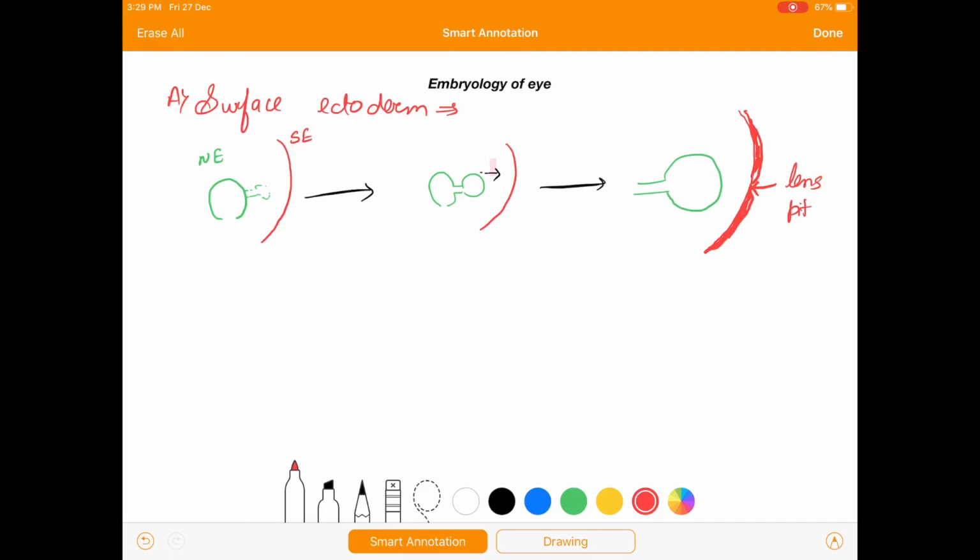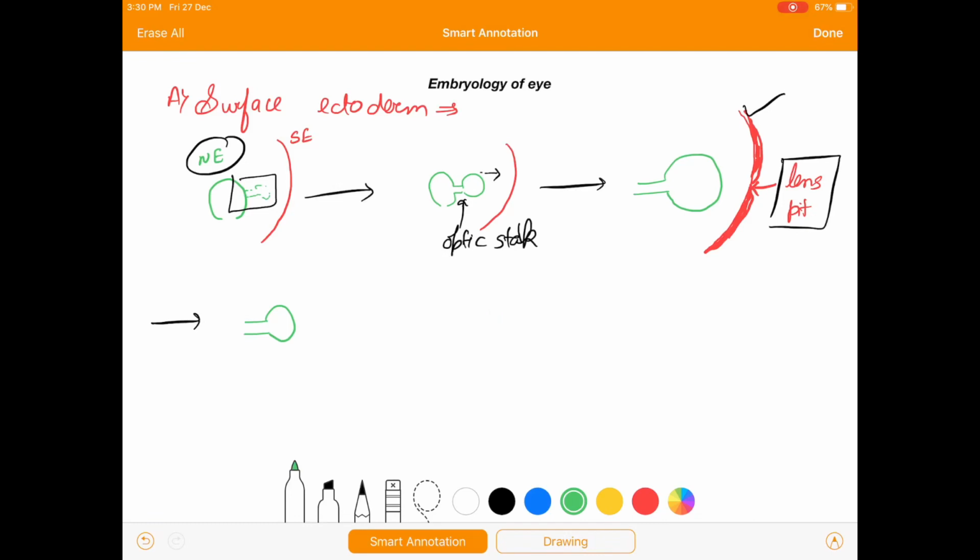Okay. So what do we have? We have a neuroectoderm from which we have a bulging structure called the optic stalk. This optic stalk tends to grow towards the surface ectoderm, and after the proliferation of this surface ectoderm, we have a lens pit.